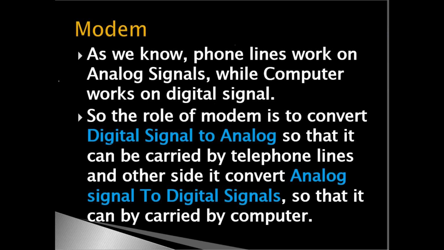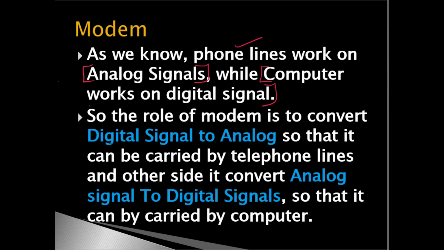So what will the modem do? The role of the modem is to convert the digital signal to an analog signal so that it can be carried by the telephone lines. On the other side, when it reaches the destination modem, it converts that analog signal again to the digital signal in its original form so that the computer can understand.